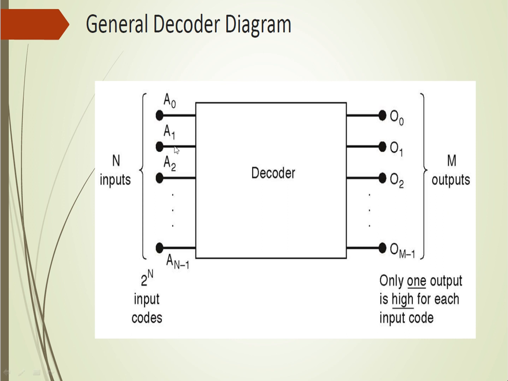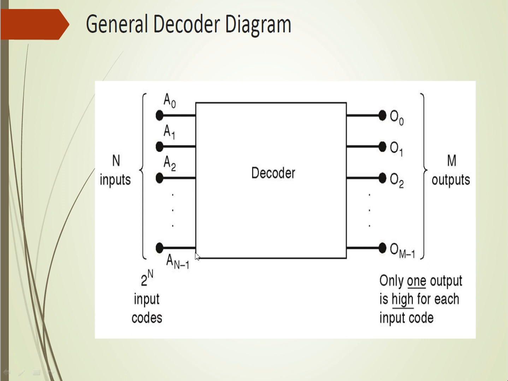And these n inputs are represented by using 2 to the power of n input codes, and only one output is high for each input code. That means here decoder has n inputs, 2 to the power of n outputs.